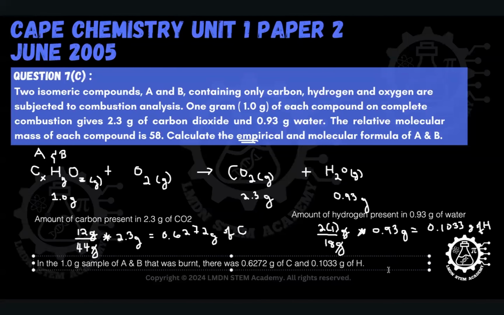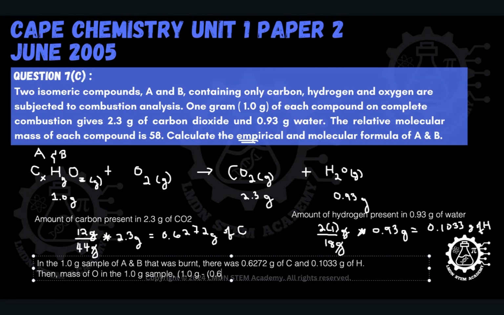And so the question told us that that sample was comprised of carbon, hydrogen, and oxygen only. If we know the mass of the carbon and the hydrogen that was in that 1 gram sample, then we automatically know how much oxygen was in it from a mass perspective as well. So to find out, what are we going to do? We're going to say that the mass of oxygen in the 1 gram sample would have been 1.0 grams minus the sum of the carbon and the hydrogen.